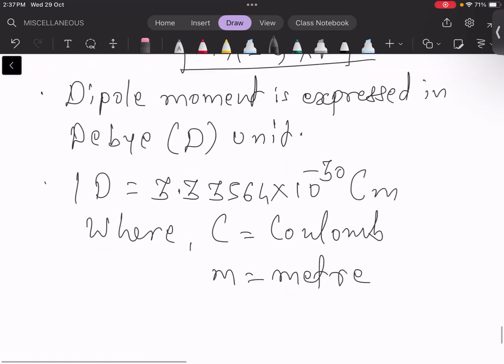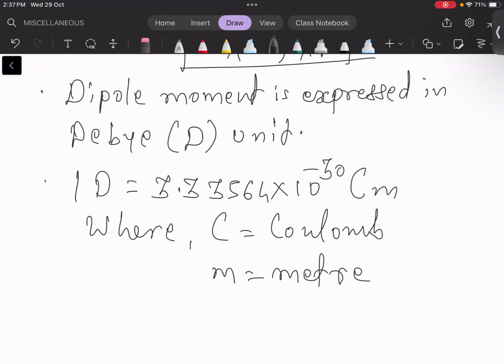Now, dipole moment is a vector quantity and it is expressed by a small arrow with the tail pointing towards the positive center and head pointing towards the negative center. Have you studied scalar quantity and vector quantity? Yes, sir. So what is scalar quantity and what is vector quantity?